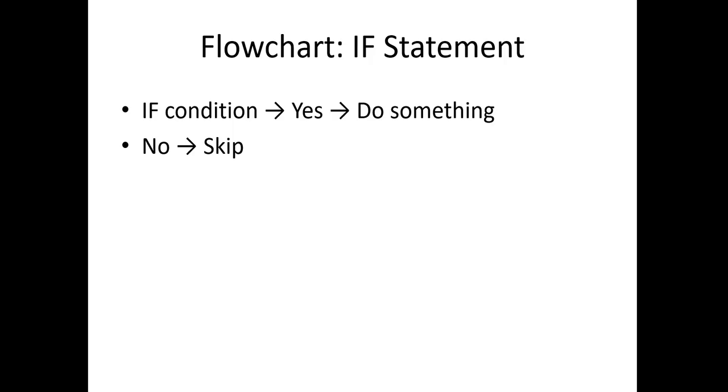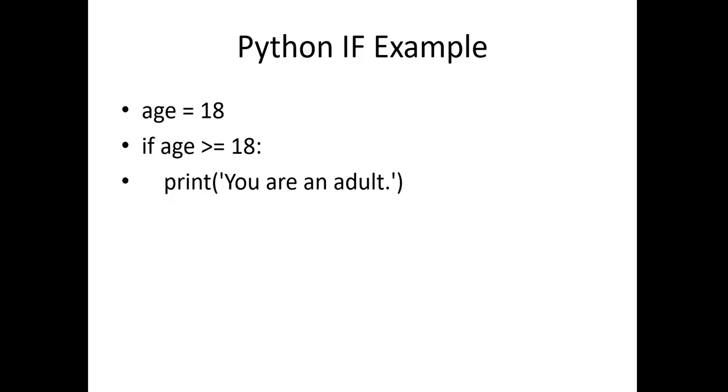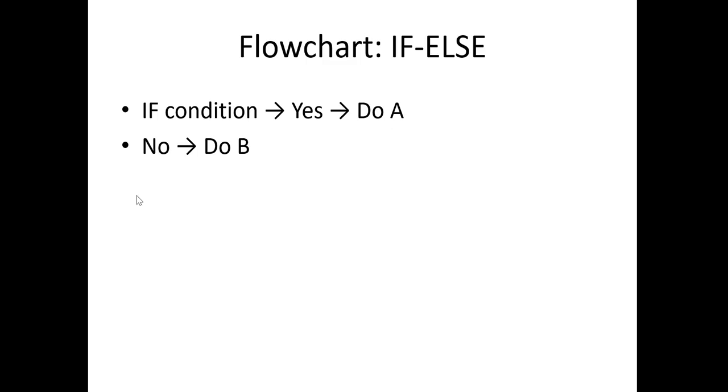The if statement says if the condition is true, do something, otherwise skip. For example, we will provide the age. If the age is greater than or equal to 18, then you should print that the person is eligible for the vote. If the person is less than 18, then the person is not eligible for the vote. That's if else.